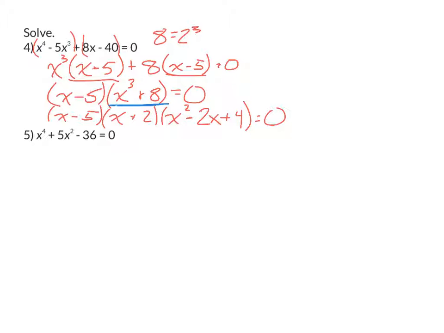All right, so I know that x minus 5 could be 0, x plus 2 could be 0, or x squared minus 2x plus 4 could be 0. So this tells me that x could be 5, x could be negative 2, or solving this, I don't have a way to factor that, and I can't readily tell what x is going to be.